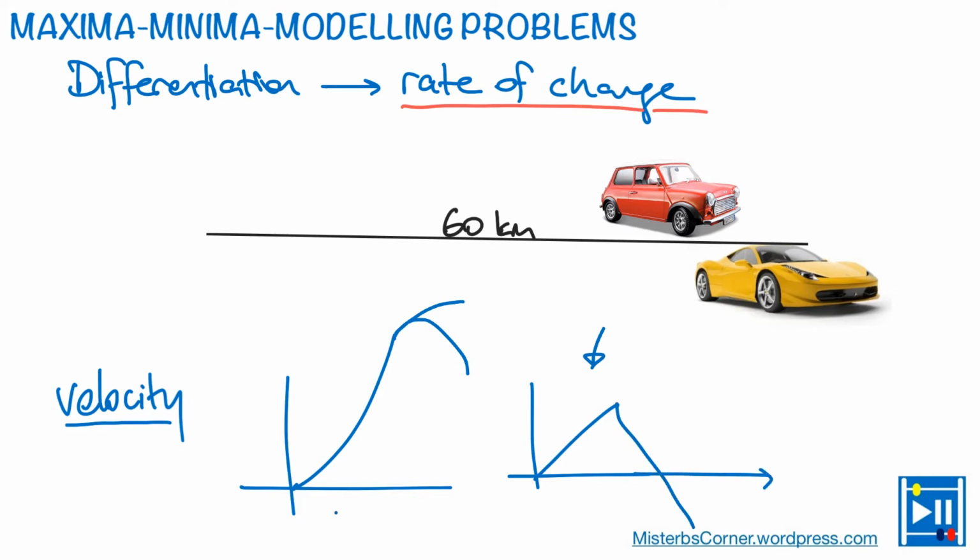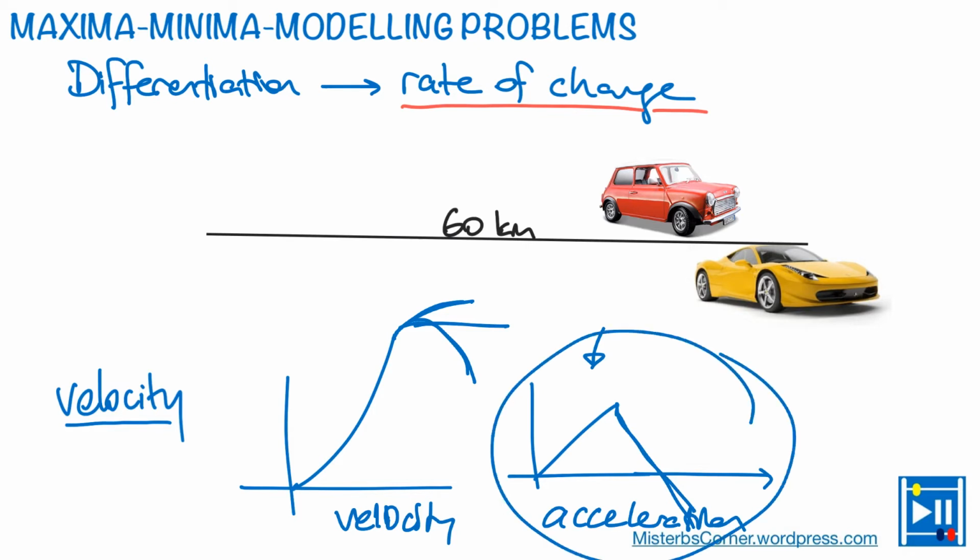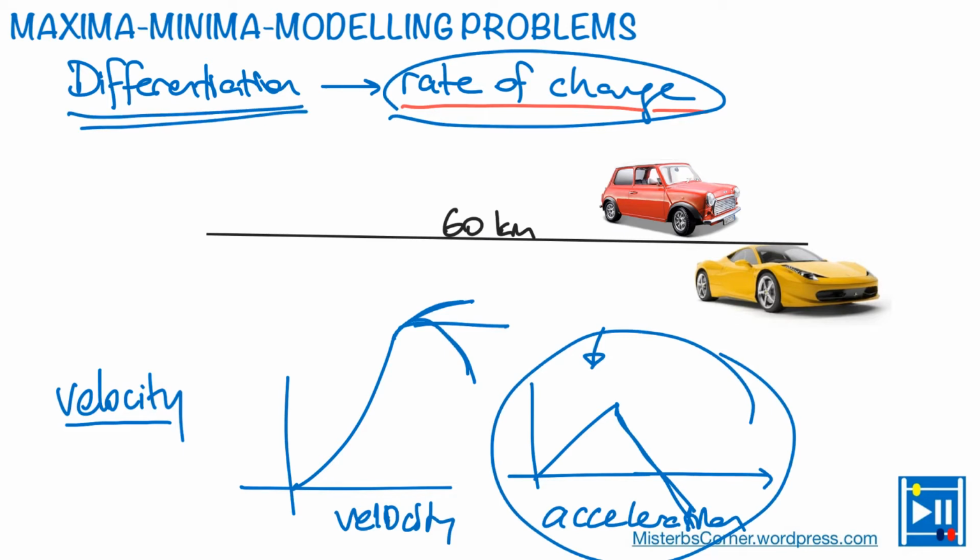Now, if this is the velocity versus time graph, this is the acceleration versus time. When your velocity stops increasing, or it's decreasing, then you go to negative values of acceleration. So this is the rate of change of velocity that we call acceleration. That's how we measure rate of change. It's all related to differentiation.